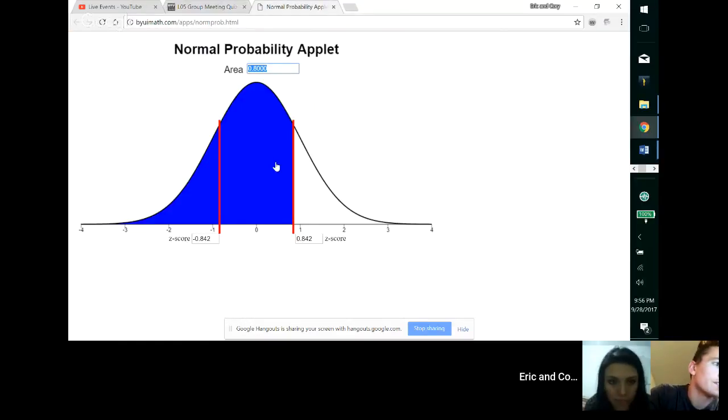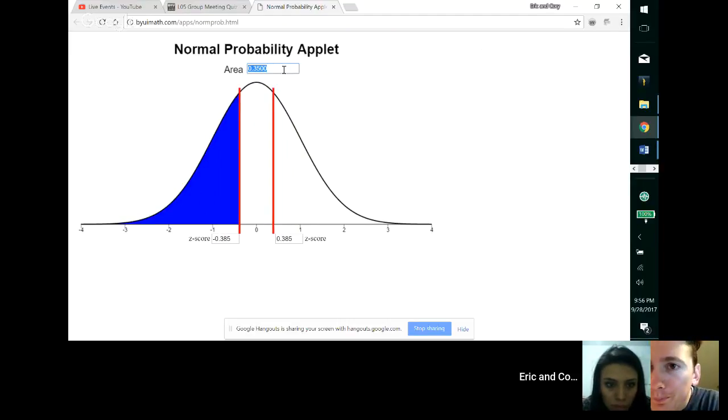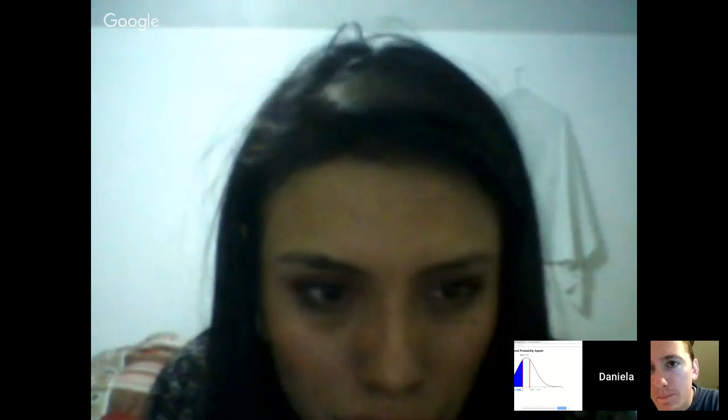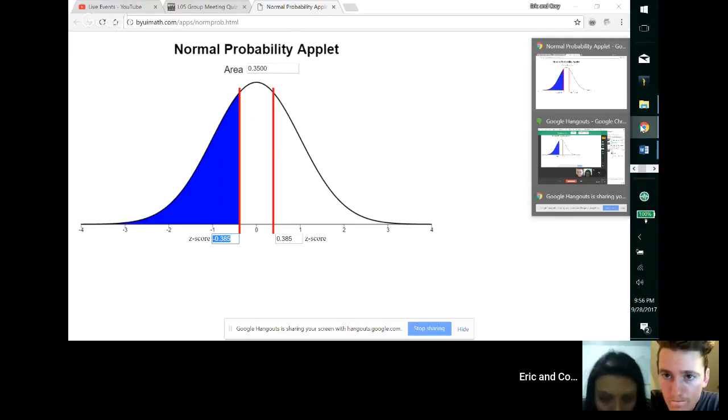So we go up to this probability applet. We make sure this side is the only side that's shaded. And then we go 0.35. And then you see the z-score down here? That's what we're going to use to plug back into our equation.